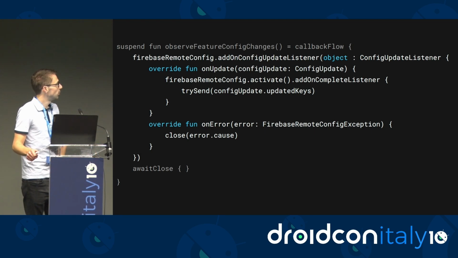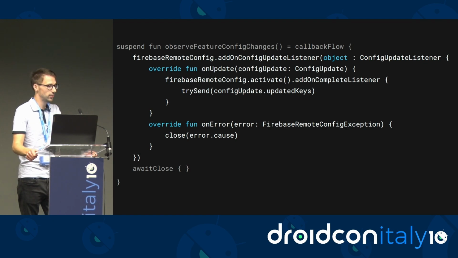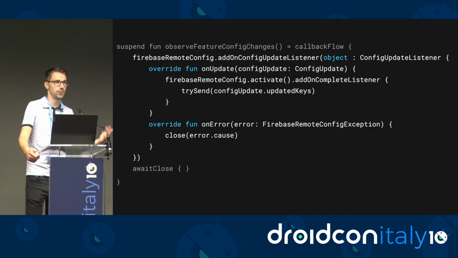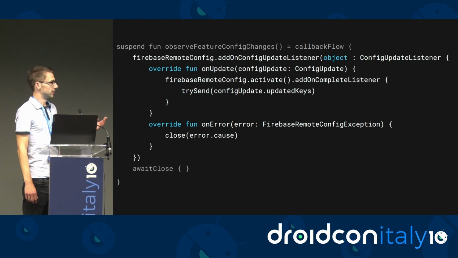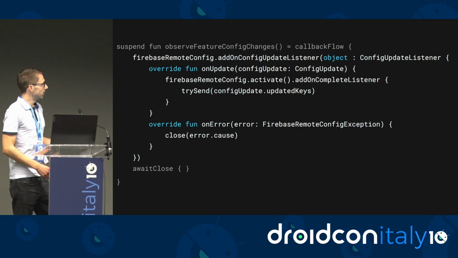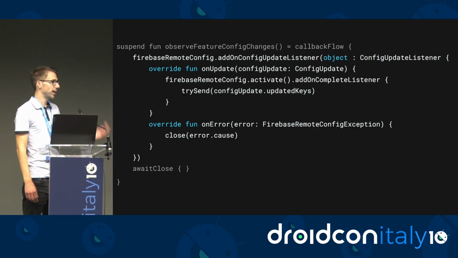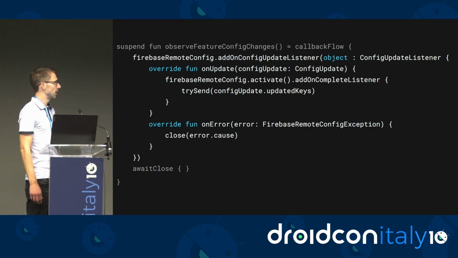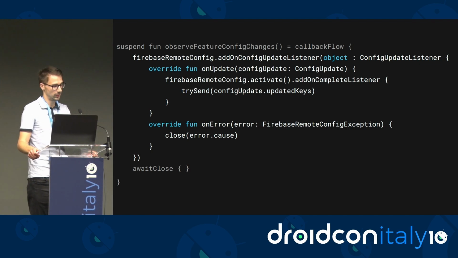What you do is add a config update listener to the remote config object, which then gives you access to the onUpdate callback. onUpdate is called when you publish new values on the console. What you then need to do is actually activate the values first. That stores them locally, and after that you can use them to update your UI or anything else.